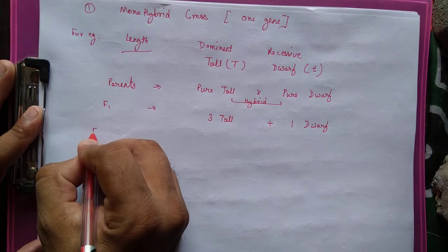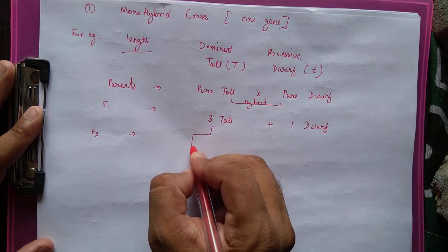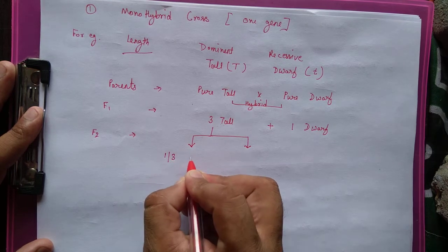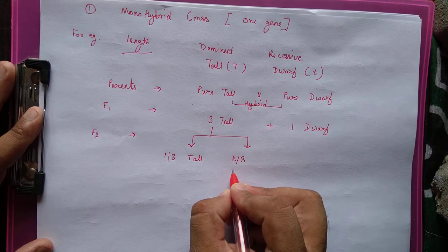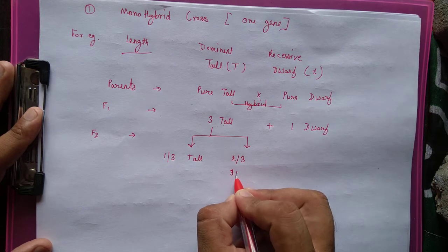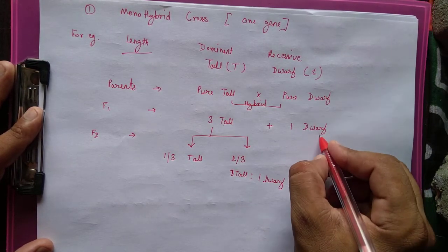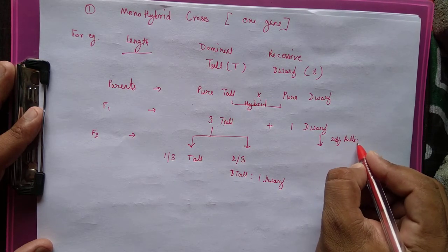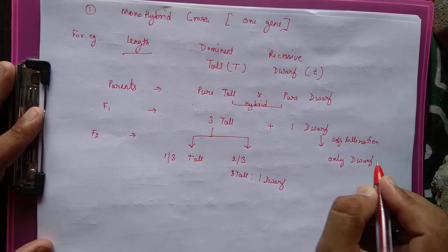Now we go to the F2 generation, the second generation, where these act as parents, and the self-pollination results in 1/3 tall pure, 2/3 hybrid, so three tall is equal to 1 dwarf, and the dwarf self-pollination results in only dwarf.